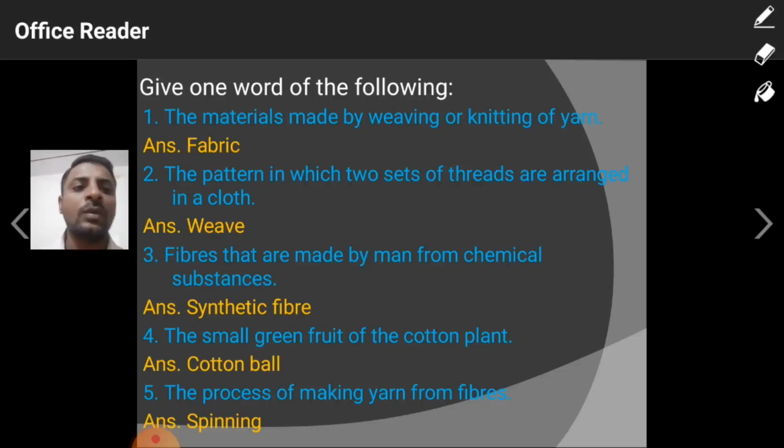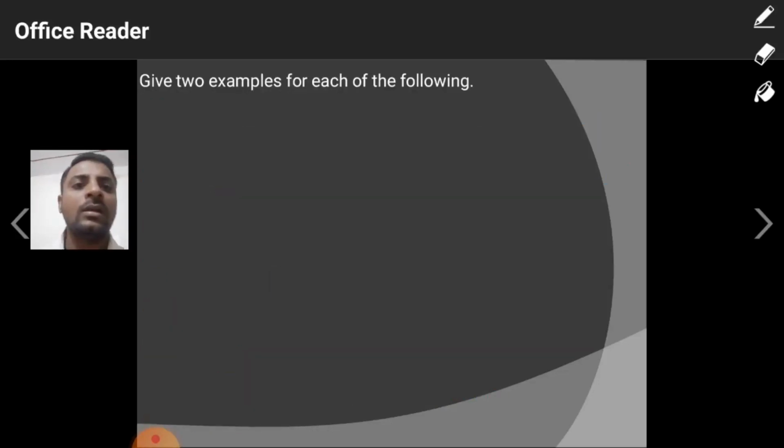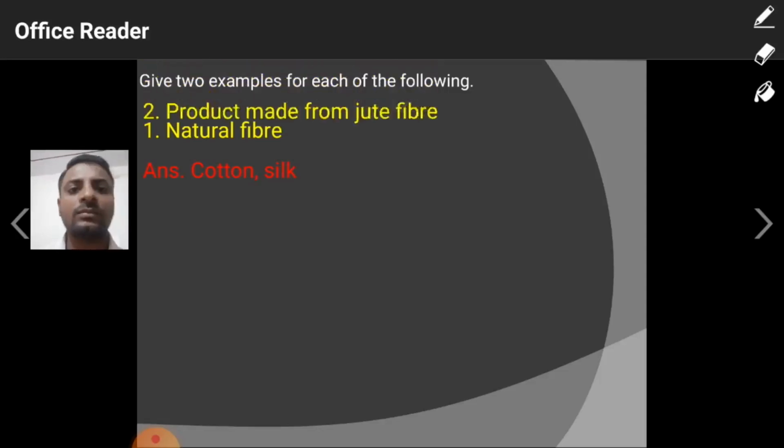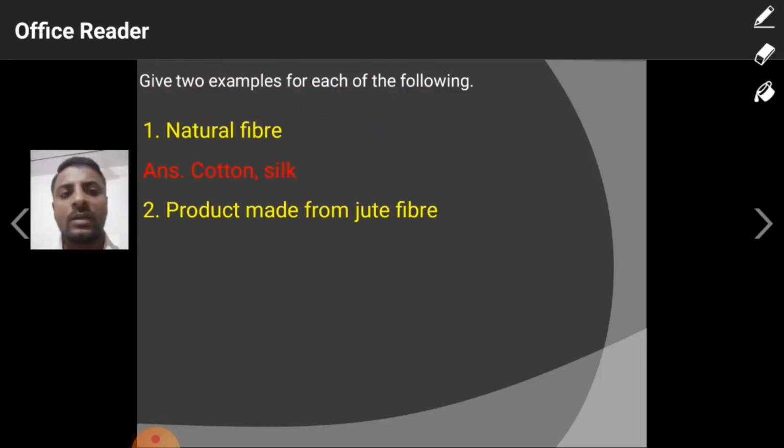Now let's go further to two examples for each of the following. First is natural fiber. Answers are cotton, silk. Product made from jute fiber.